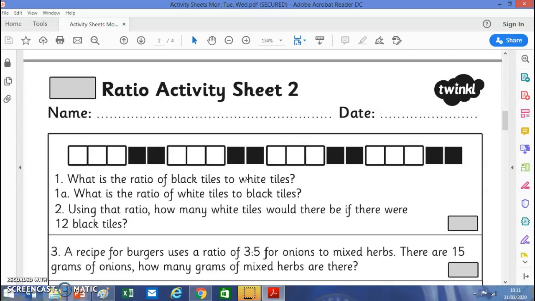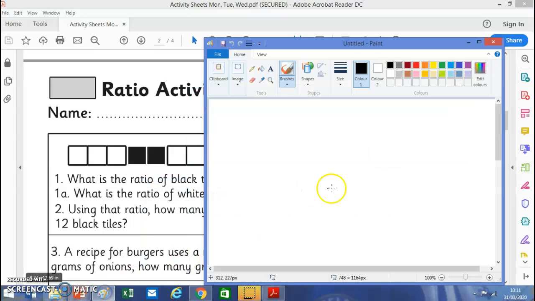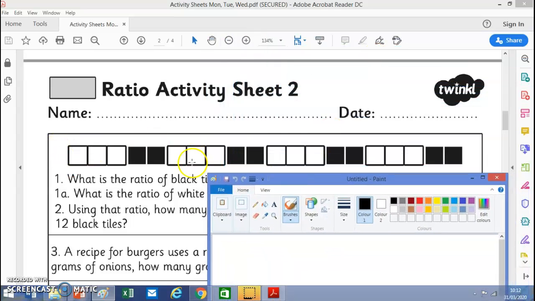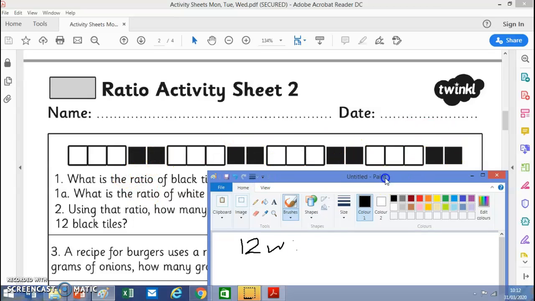What is the number of white tiles if there were 12 black? So you need here to simplify the ratio. I'm sure you've counted already that there are 3, 6, 9, 12 white, and how many black? 2, 4, 6, 8 black.